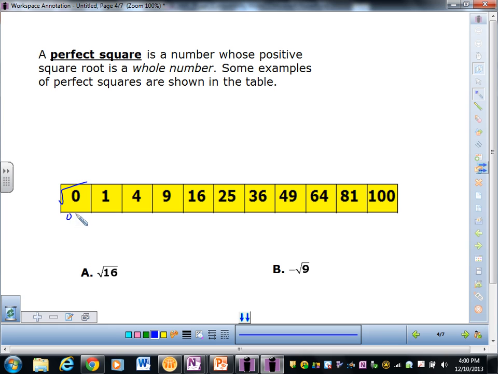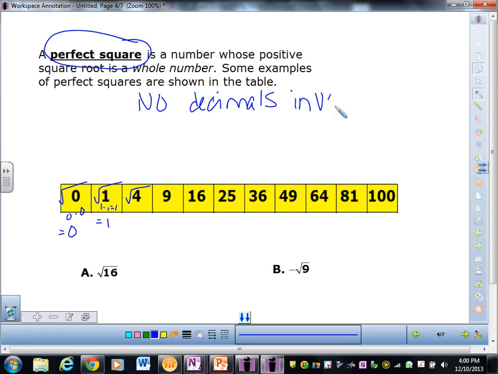Well, we know that 0 times 0 equals 0, so the square root of 0 equals 0. The square root of 1, what times itself equals 1? Well, we know that 1 times 1 equals 1, so the square root of 1 is 1. The square root of 4, these are all perfect squares. That means that there are no decimals involved. And I know you all like that.